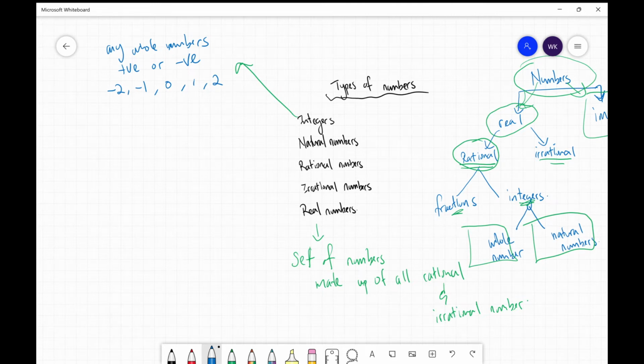What is natural numbers? So natural numbers is any integers that can be used for counting.